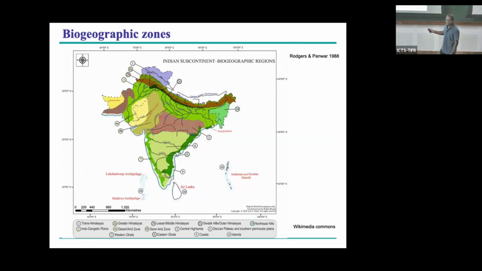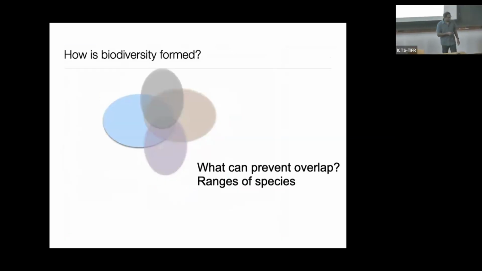There are different elements there. The legend is here, Central Highlands, and so on. These are what Indian scientists said form different biogeographic regions, but this was actually based largely on plant data. So you can imagine that sometimes it may not match if you're going by only one taxon.